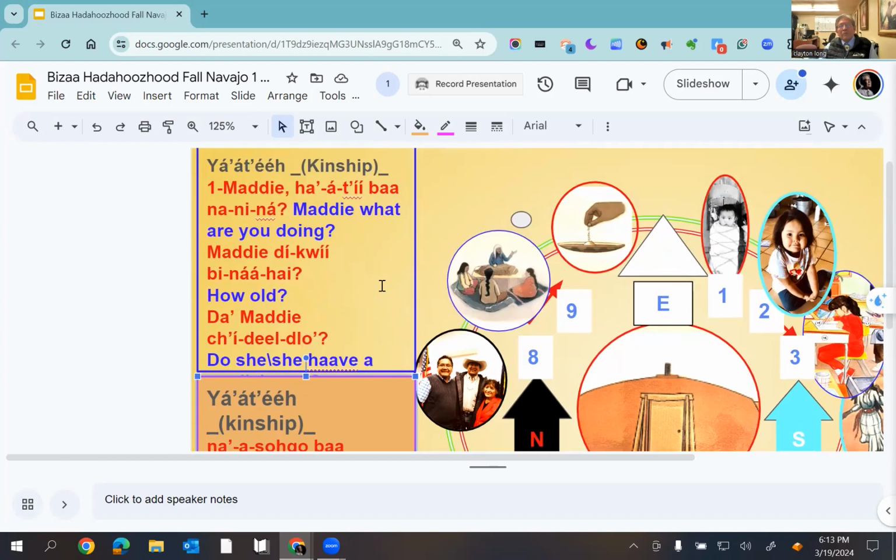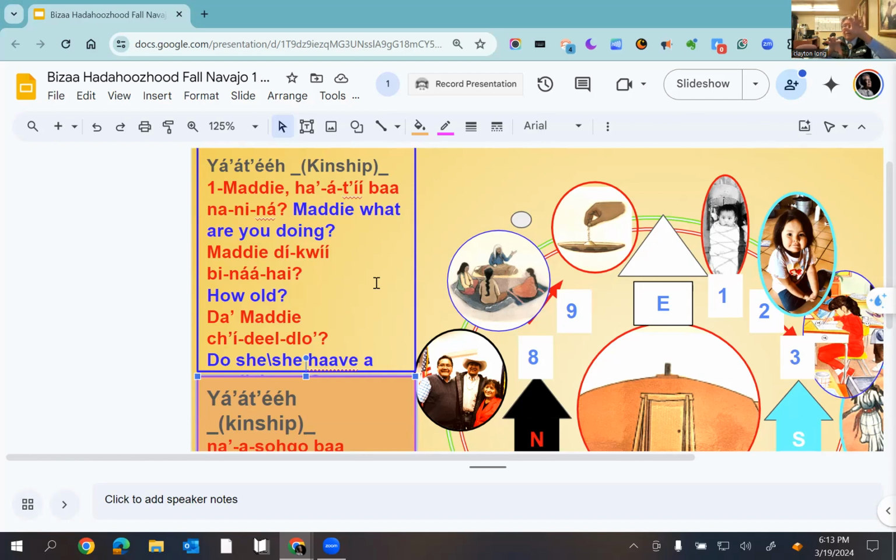So before, in lesson 1 and lesson 2, we were saying, what is that baby doing? I'm asking a question to you, but we're talking about somebody over there, a third person. That's what we did the last two times that we had lessons.